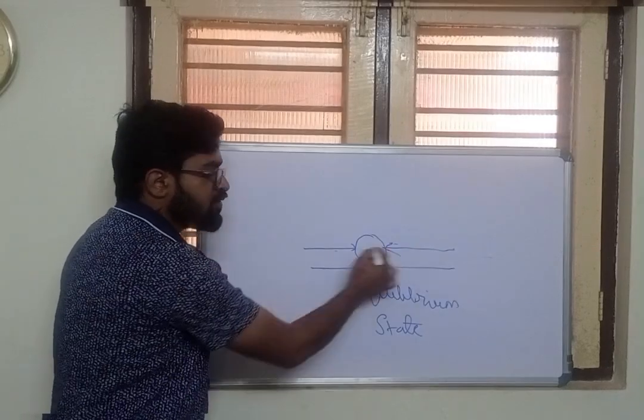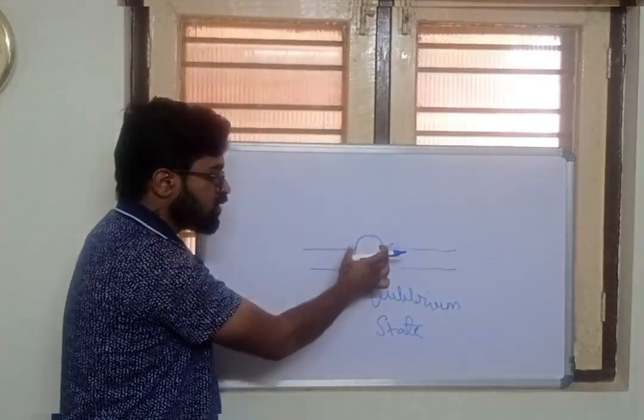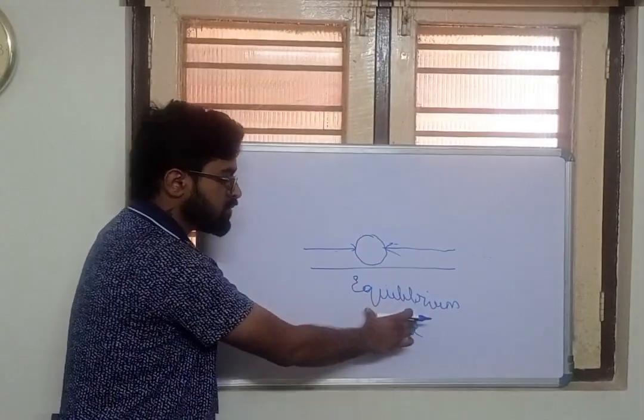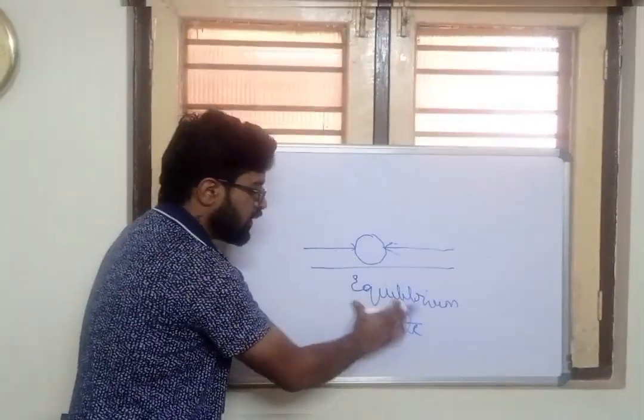So two opposite forces acting on the sphere make it stand still in equilibrium. That state is called equilibrium state.